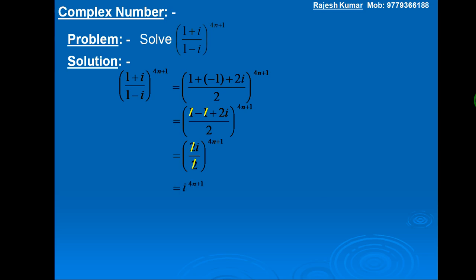So we get equal to iota power 4n plus 1, and from formula number 2 we get it is equal to iota. So this is the answer of our problem.